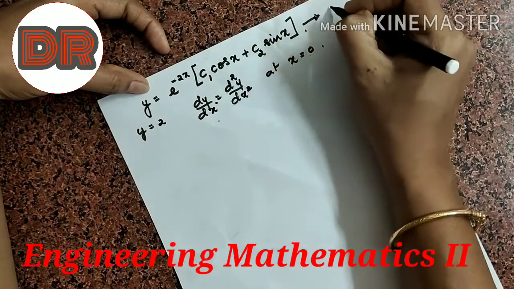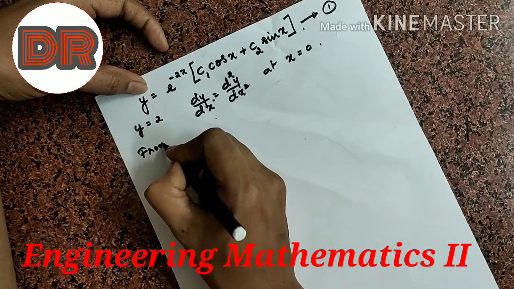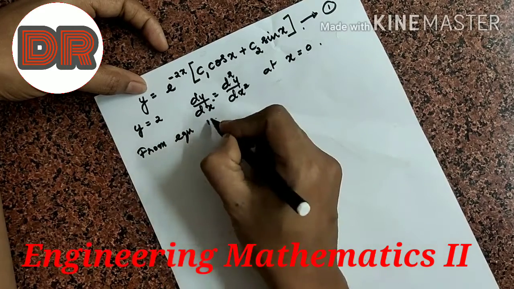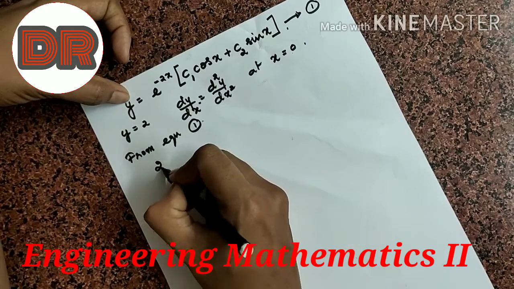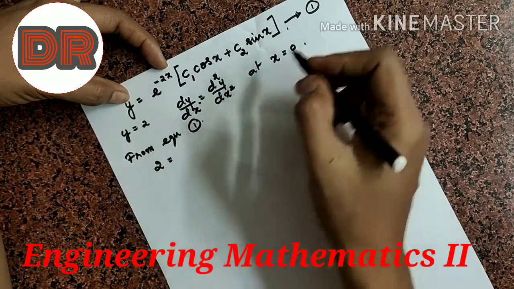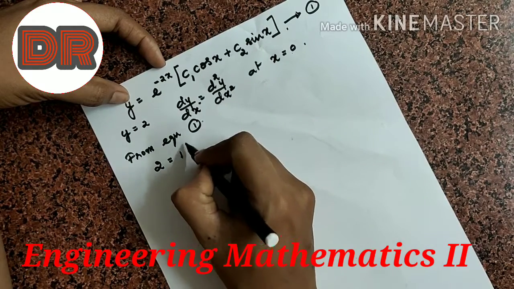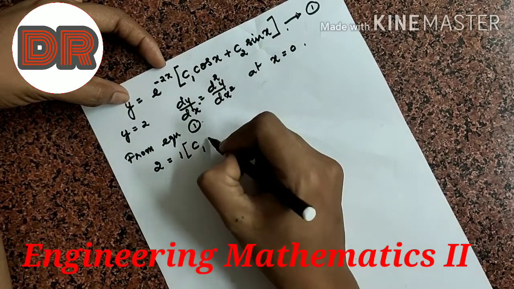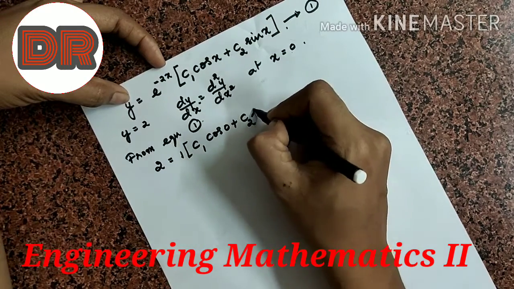Let me take this as equation 1. From equation 1, let me substitute the value of y as 2 and the value of x as 0. So 2 is equal to e to the power 0, that is 1, into c1 cos 0 plus c2 sin 0.